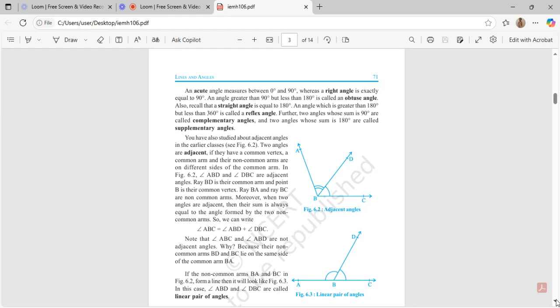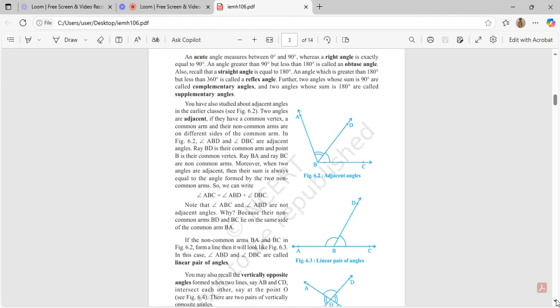Now, we move on to the next section, where we look at different types of angles when you join angles together. The first type is the adjacent angle. When you join two angles together, we call them adjacent angles.